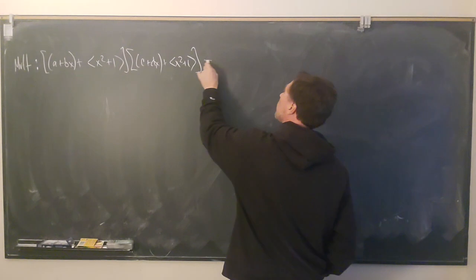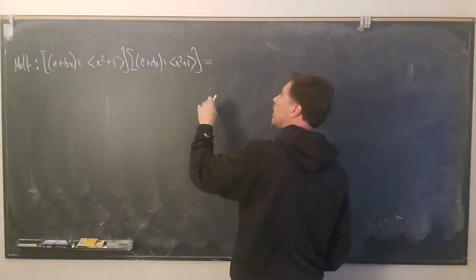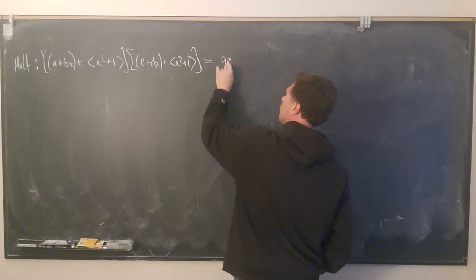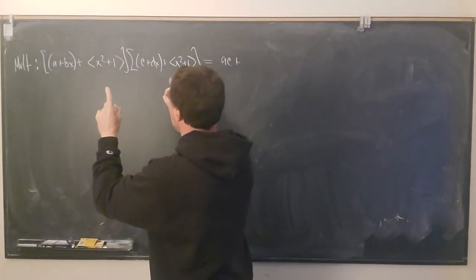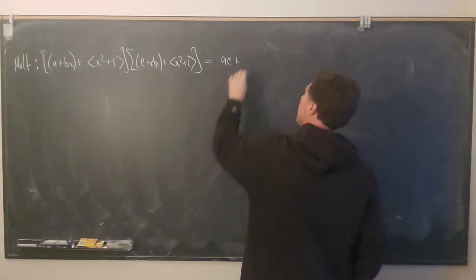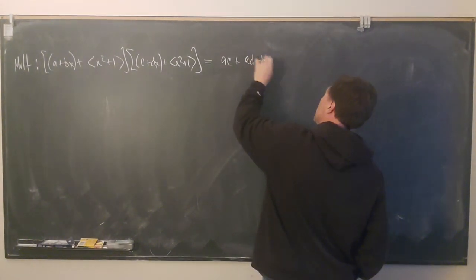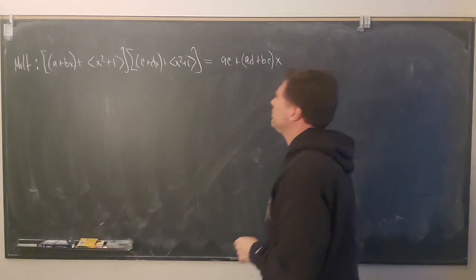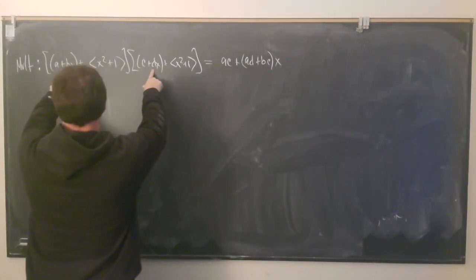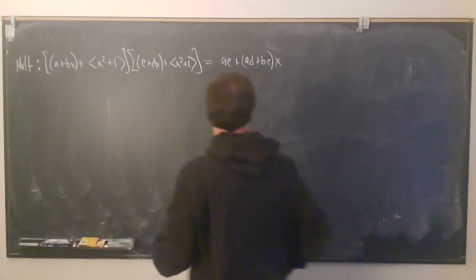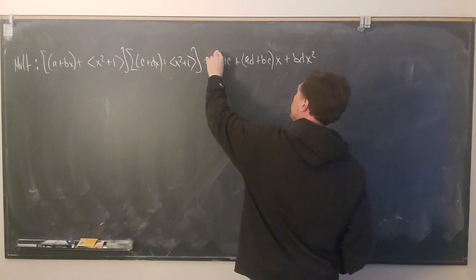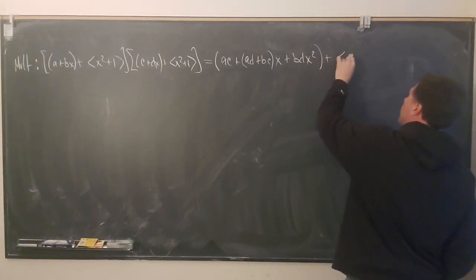Okay, so now I need to multiply the polynomial out. So this will be ac plus ad plus bc times x. Did I get that right? Let's make sure. ad and bc, yeah. And then it's going to be bd x squared, plus our ideal.